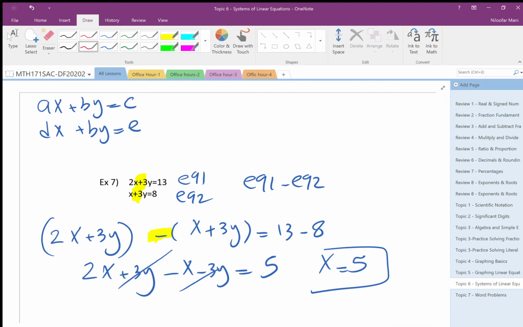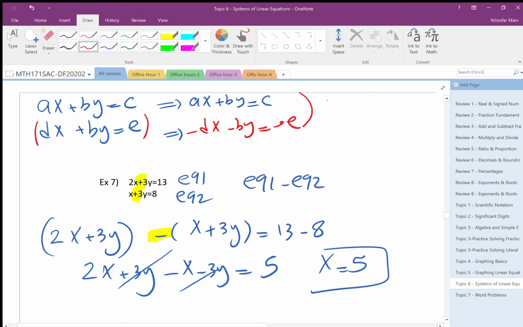You can keep equation 1 and multiply the other with negative, so don't change that. So ax plus by equals c, but this one multiplied with -1, so minus dx minus by equal minus e, and then again add them.